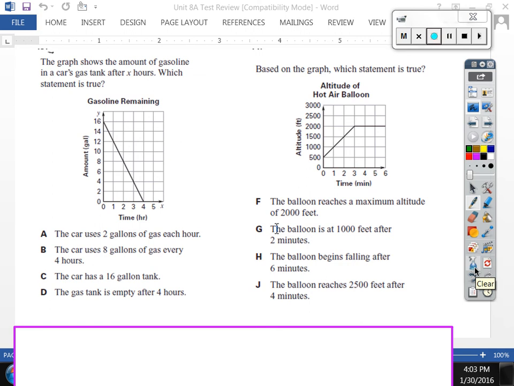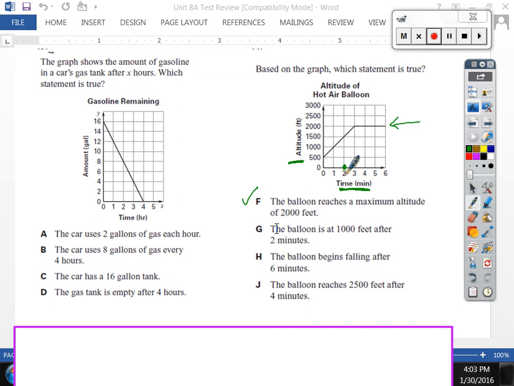Now let's look at this one. On this graph, we're looking at the altitude in feet versus the time. F says the balloon reaches a maximum altitude of 2,000 feet. The biggest y that we see is indeed 2,000. So this one's true, but let's look at the others to see why they're not true. G says the balloon's at 1,000 feet after 2 minutes.